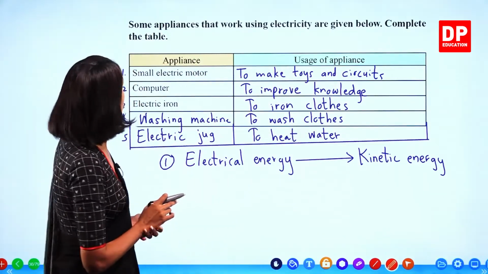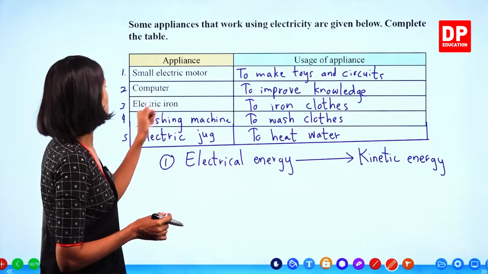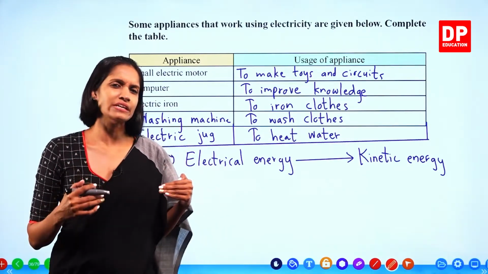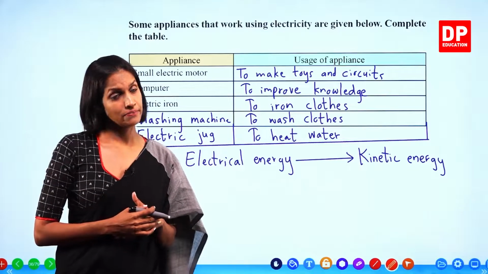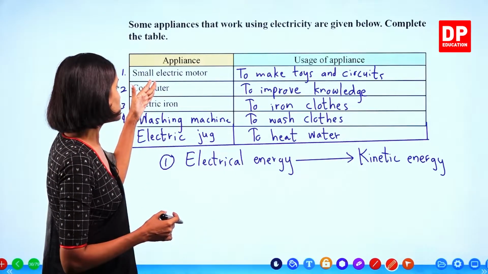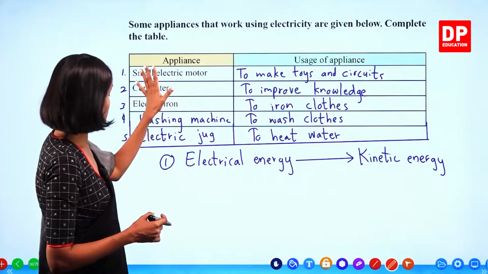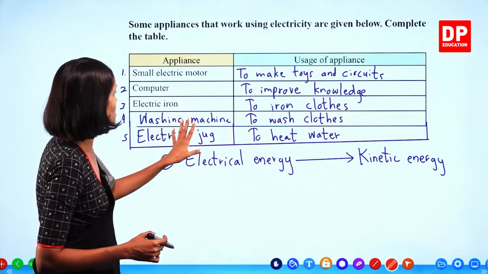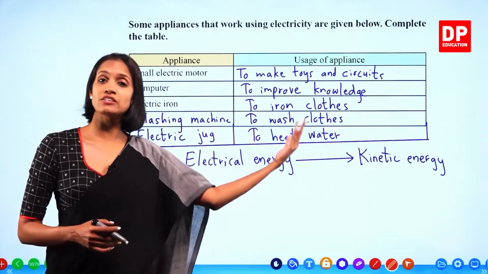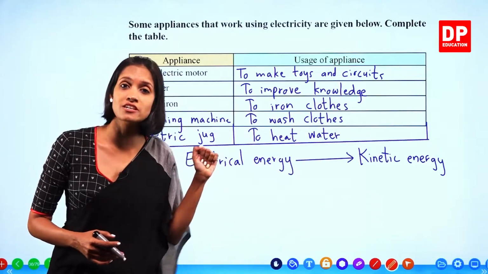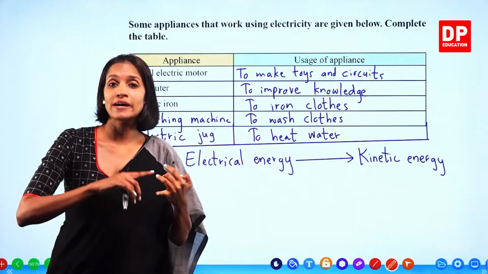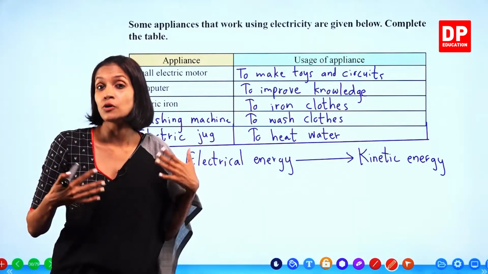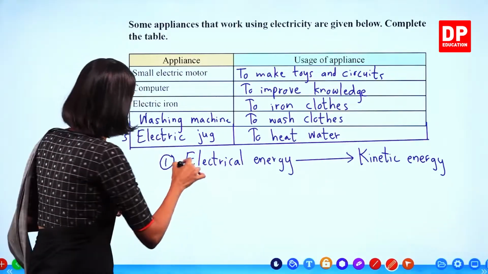Right, children? Number 2, computer. So when you consider the computer, the screen is just like the TV screen, right? So for the computer, we have to use electrical energy to make the computer work, and at the same time, what are the other types of energies formed? Energy transformation takes place. So you all know light energy. The screen lights up. So the light energy, sound energy, right?